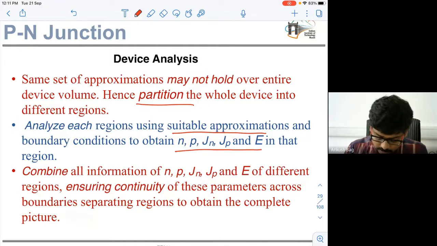Then we'll combine all the information of electron concentration, hole concentration, electron current density, hole current density, and electric field for different regions. And finally, we'll ensure that there will be continuity of these parameters across the boundary separating the regions to obtain the complete picture. Okay, so this is the statement.